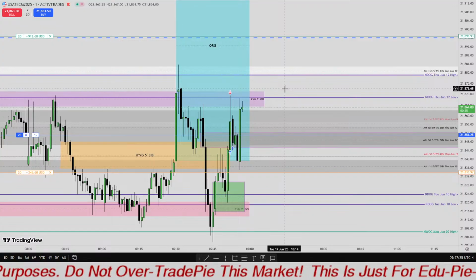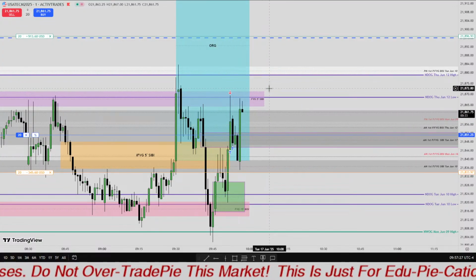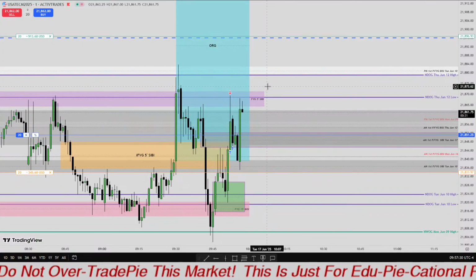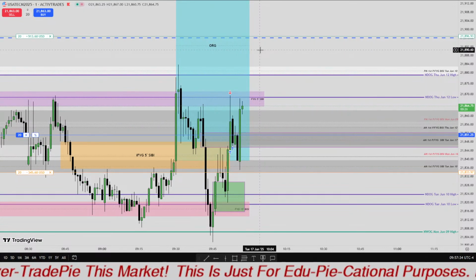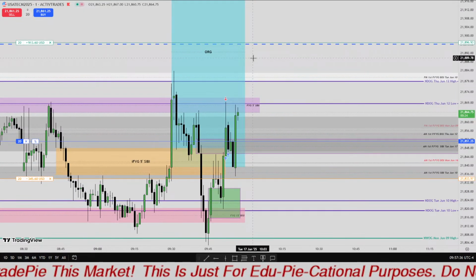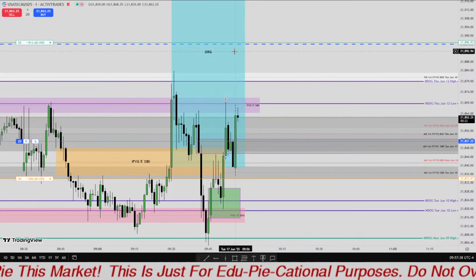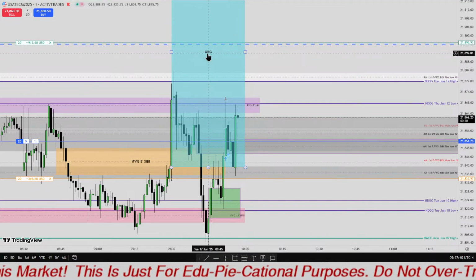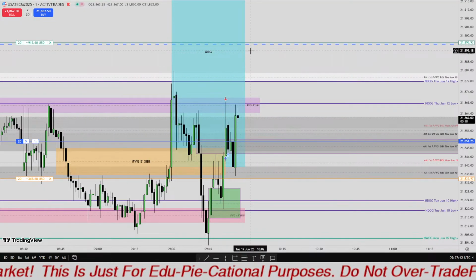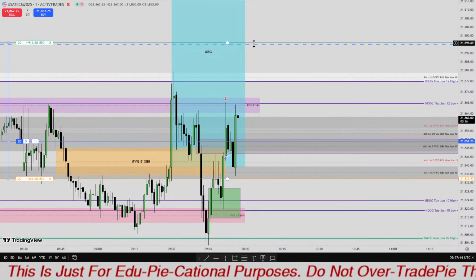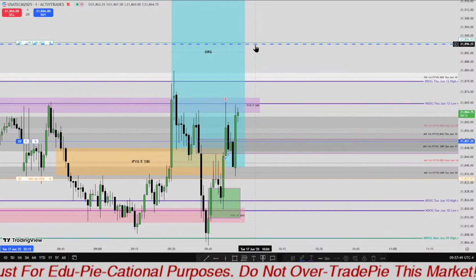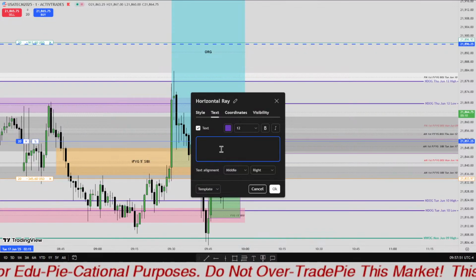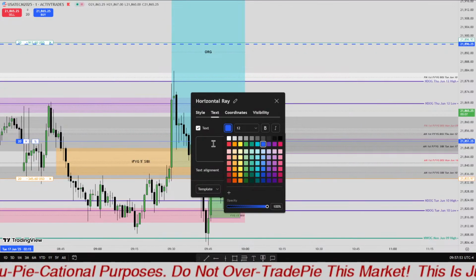Remember that we have a chance of 71% of the time that the market is trading to the midpoint of the open range gap in the first 30 minutes. And it's interesting to me that this open range gap consequent encroachment is sitting right below the buy side liquidity I mentioned before in the beginning of the live stream.